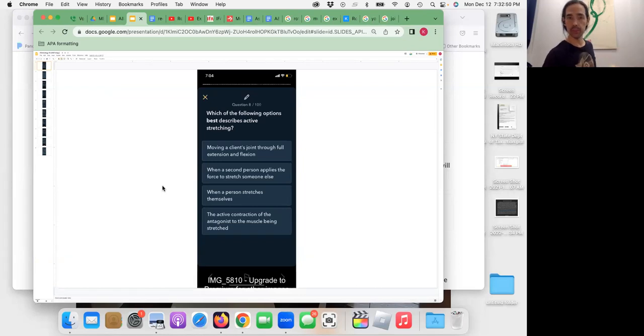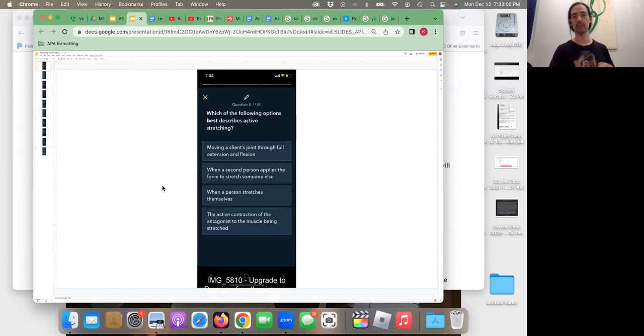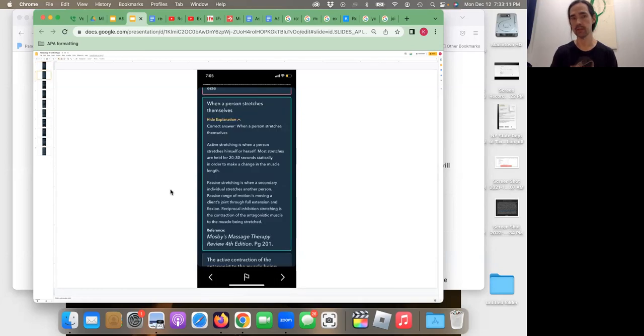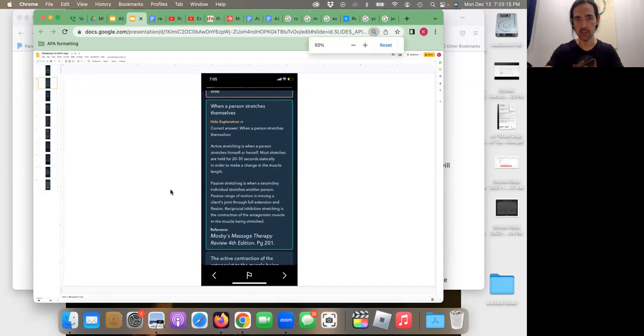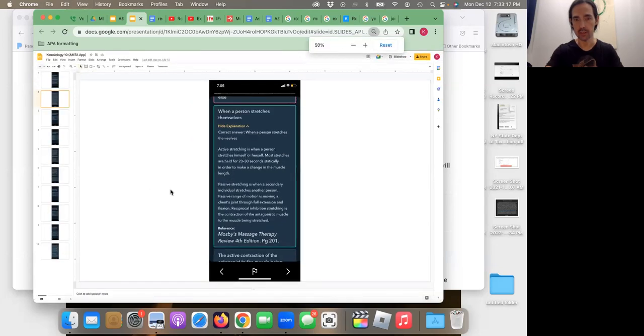Options: moving a client's joints through full extension and flexion; when a second person applies the force to stretch someone else; when a person stretches themselves, the active contraction of the agonist to the muscle being stretched. Which best describes active stretching? And the answer that they pick is when a person stretches themselves.